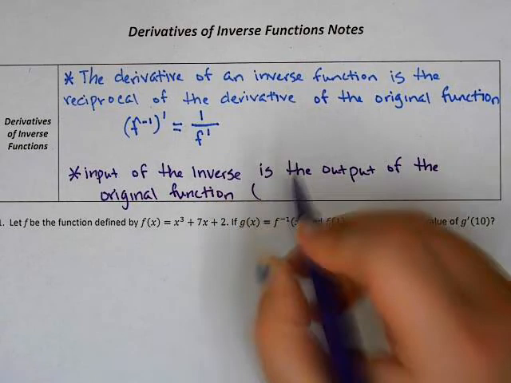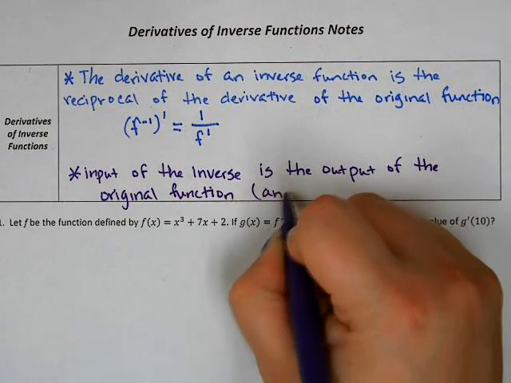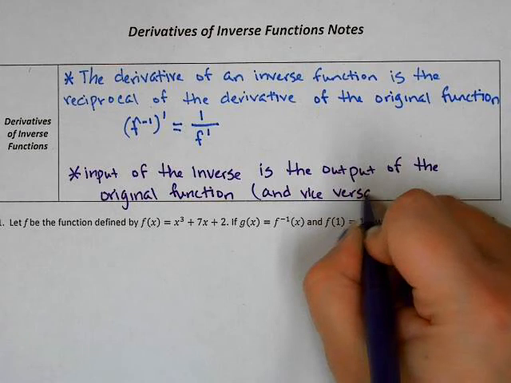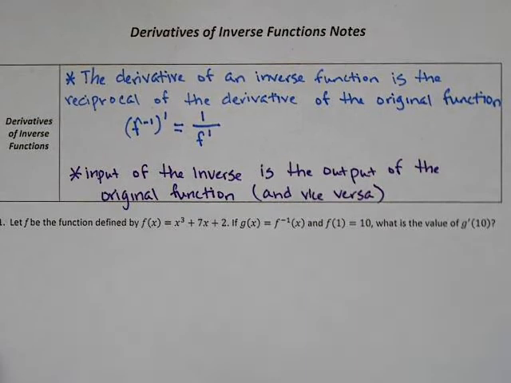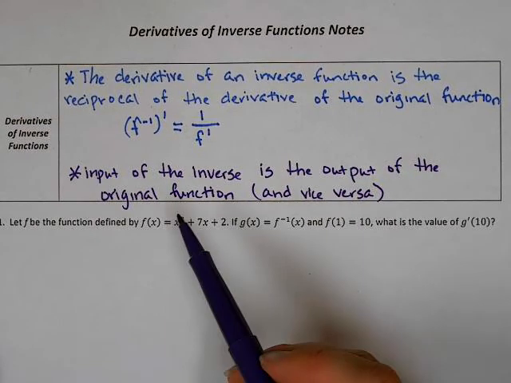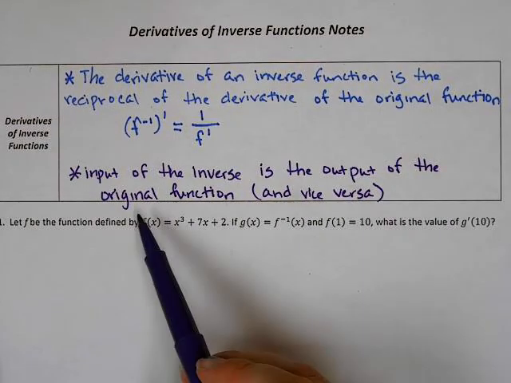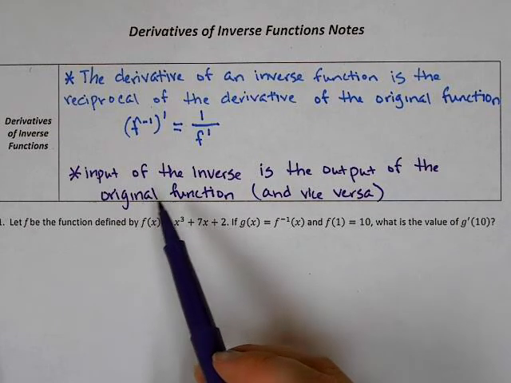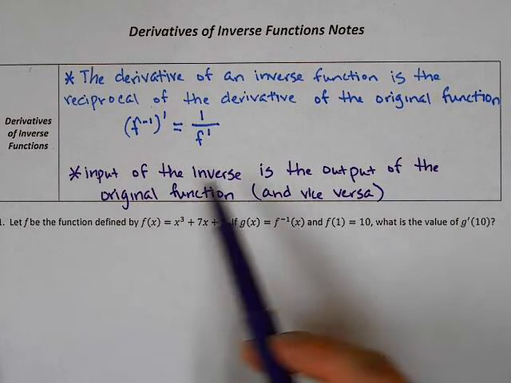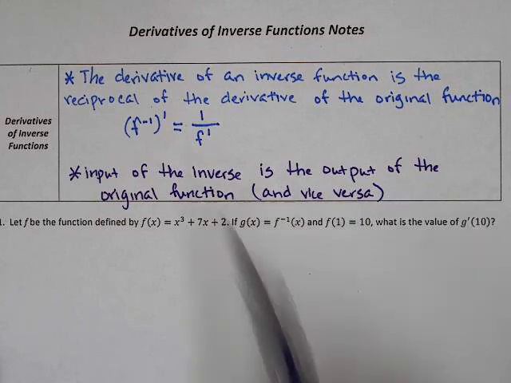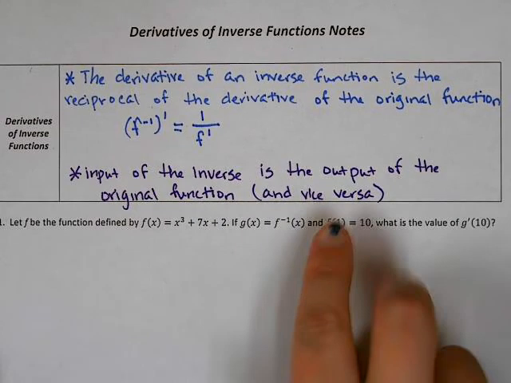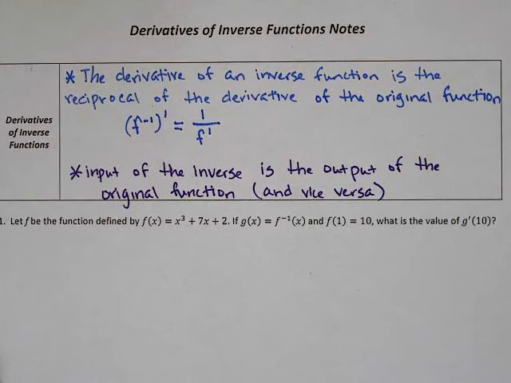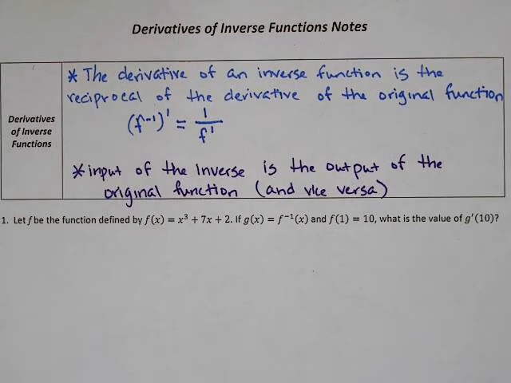And I'm going to write and vice versa. So the input of the inverse is the output of the original, and the output of the inverse is the input of the original. That's what vice versa means. If we switch input and output, it would still work. So that's going to be super important as well.